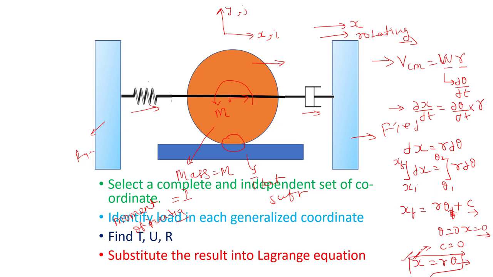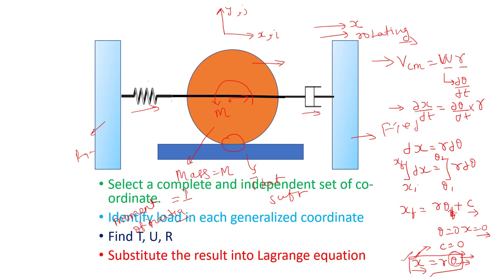At this point, I want to introduce and familiarize you with some other terms, like kinetic energy due to rotation and kinetic energy due to translation. So I am choosing theta as the generalized coordinate, but I also encourage you to derive the same governing equation by starting with x as the generalized coordinate.